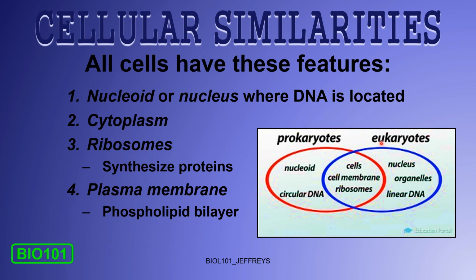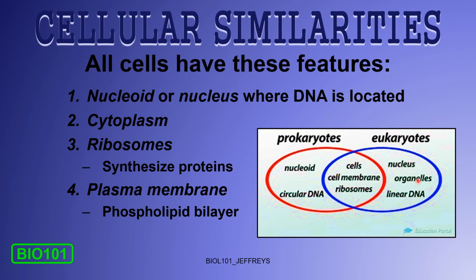Eukaryotes, EU stands for true, karyo pertains to the nucleus, so EU means true nucleus. So eukaryotes like plants and animals, and even things like, even though they're single-celled, amoeba and paramecia, they are eukaryotic. They also have nuclei.